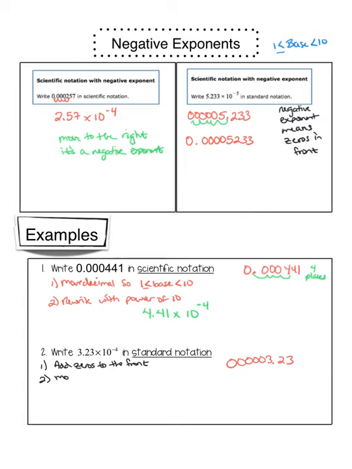2, move decimal exponent number of times. So I'm going to move it. I've got negative 4 is my exponent, so I'm going to move it 1, 2, 3, 4 times.